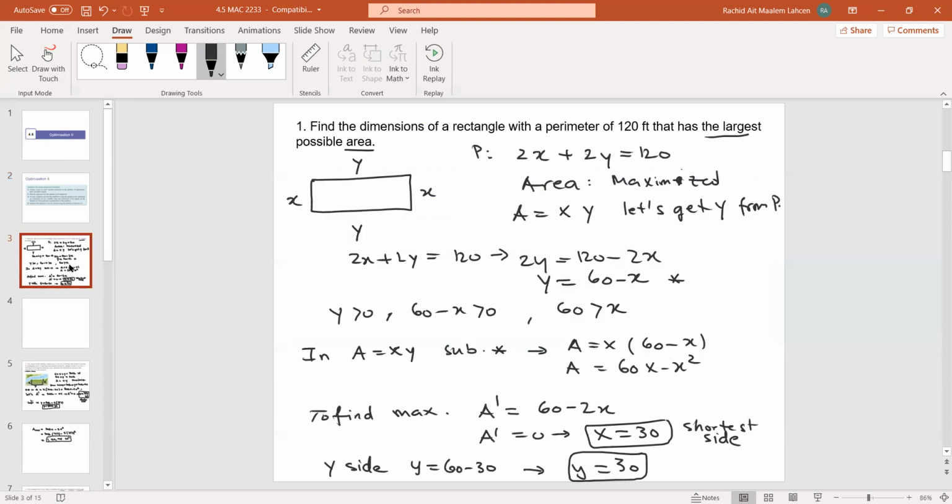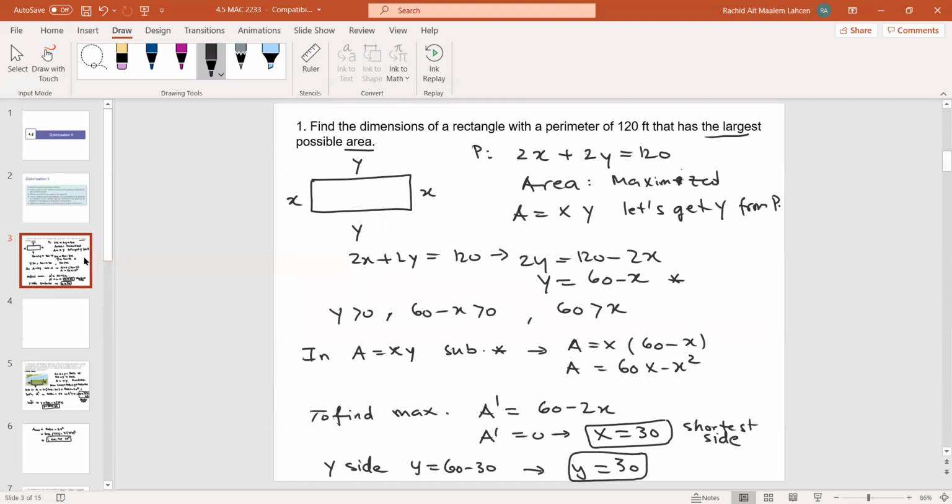So you can see that after the sketch, whatever is given gives you some type of formula or equation. And based on that, you will get one of the variables. You have a formula or equation for whatever is maximized or minimized, and you substitute, so you have only one variable.